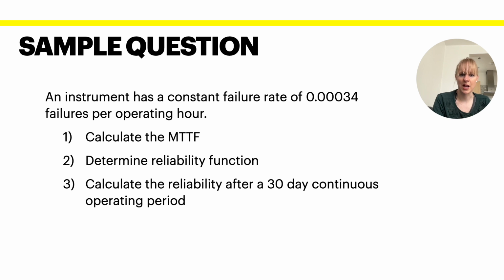Then when you have the reliability function, you can work out what happens to calculate the reliability after a 30-day continuous operating period. So just have a think about this for a minute. I will provide the answers to this briefly so you can have a look for yourself in the next slide. And hopefully that shows that you actually understand the topic.